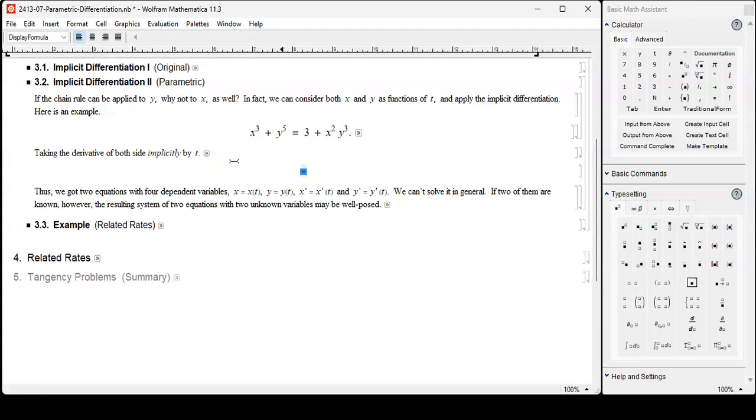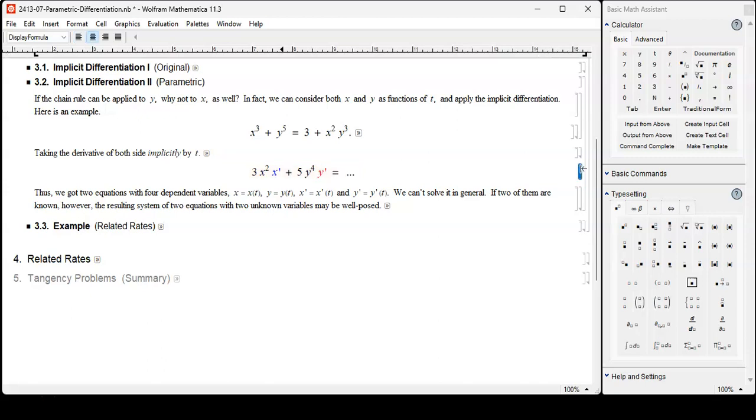x to the third power will become 3x squared, but by chain rule, x prime will pop up. And then 5y to the fourth power, and then y prime will pop up, and so on. Make sense? Let's color code this. x prime is blue and y prime is red. Same goes to the right hand side.